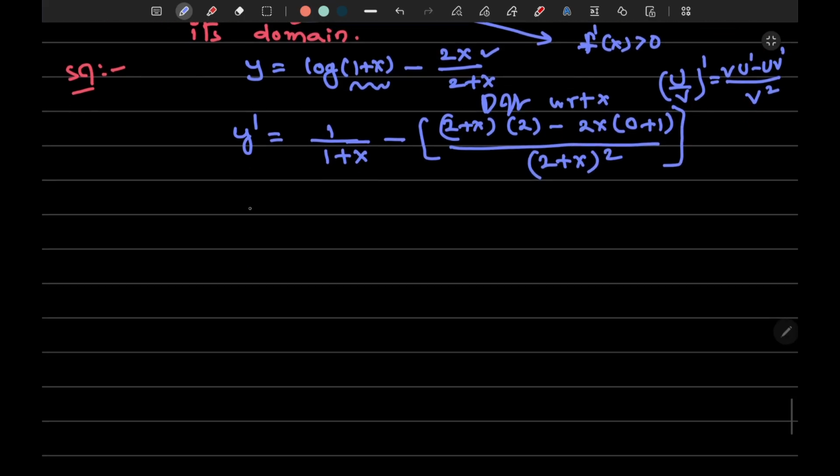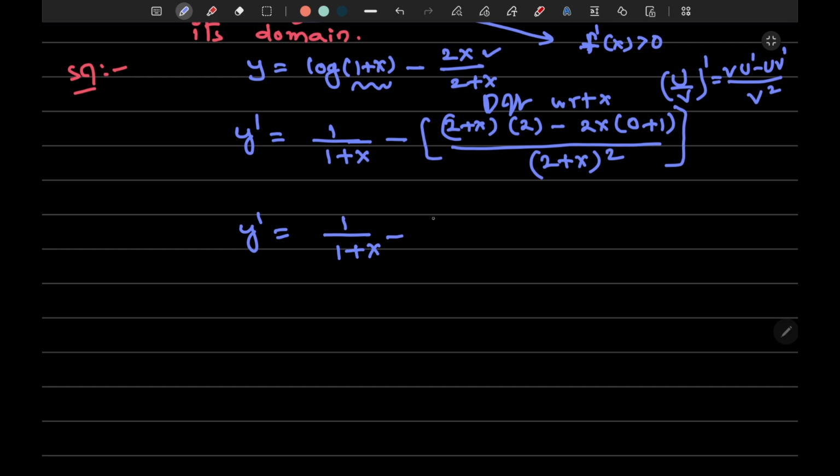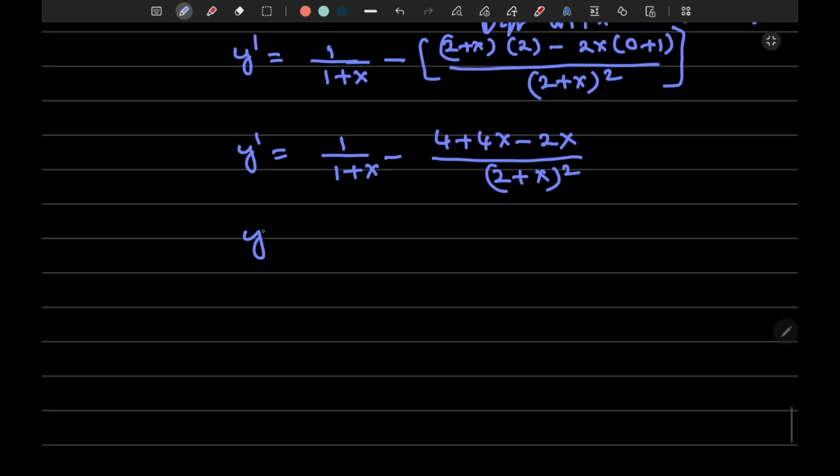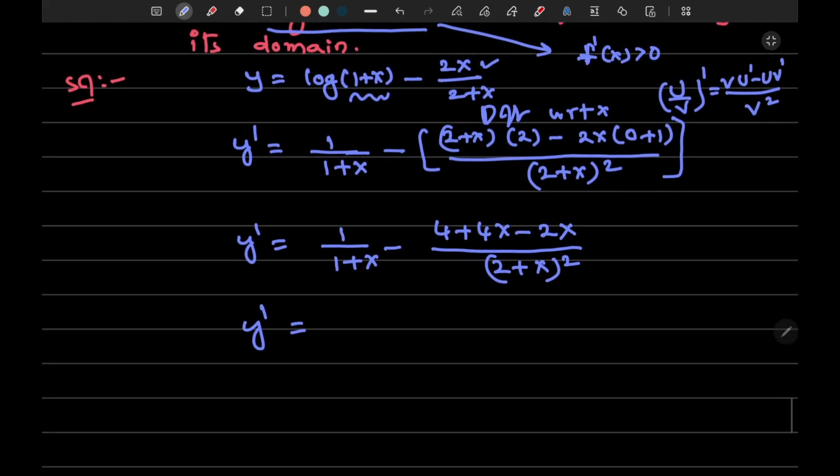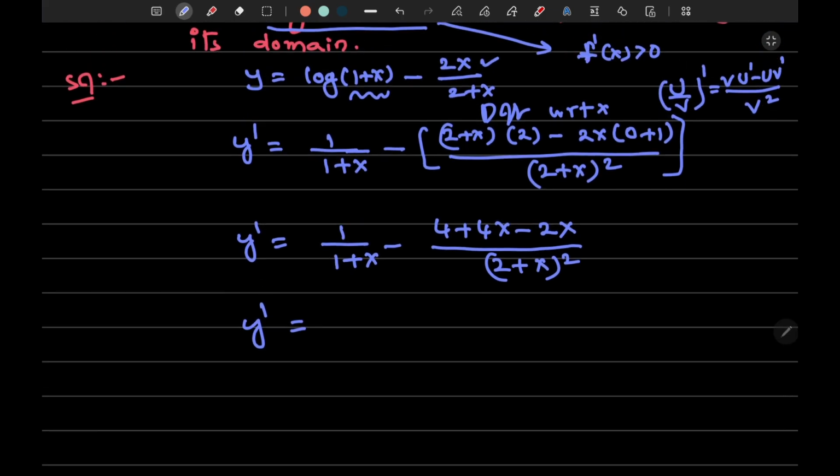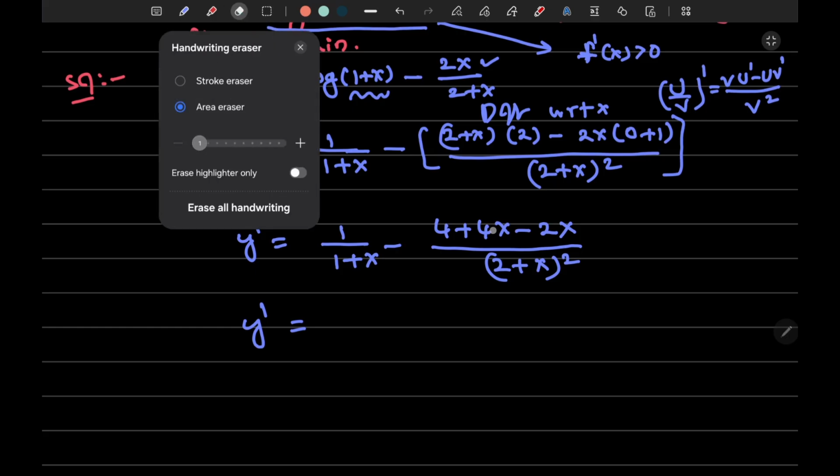Following, right? Then y dash is equal to 1 by 1 plus x minus, let's simplify this, 4 plus 2x minus 2x by 2 plus x whole square. Once check it, ma, is it correct? Right, ma. See, this small correction here. This is 2x now.